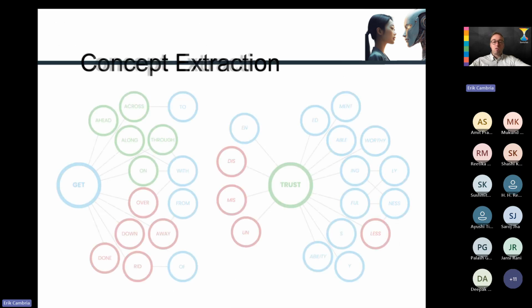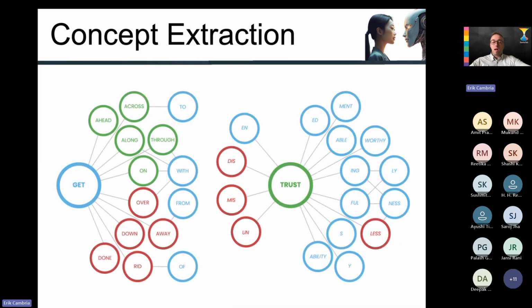Concept extraction is also one of those tasks that can be defined differently by different people. More generally, I would say concept extraction is about extracting keywords and multi-word expressions from text, but it's also about detecting those phrasal verbs, like you have a lot of those in English, like you have here on the left, all the possible meanings that you can build on top of the verb get.